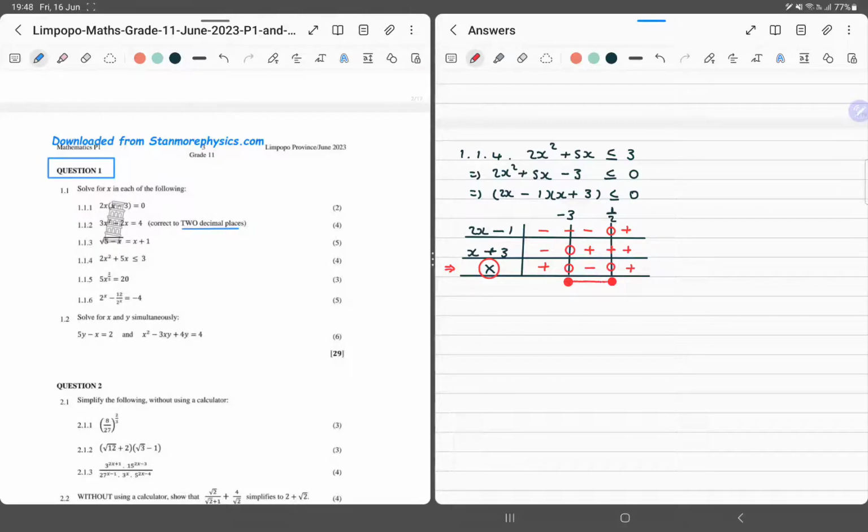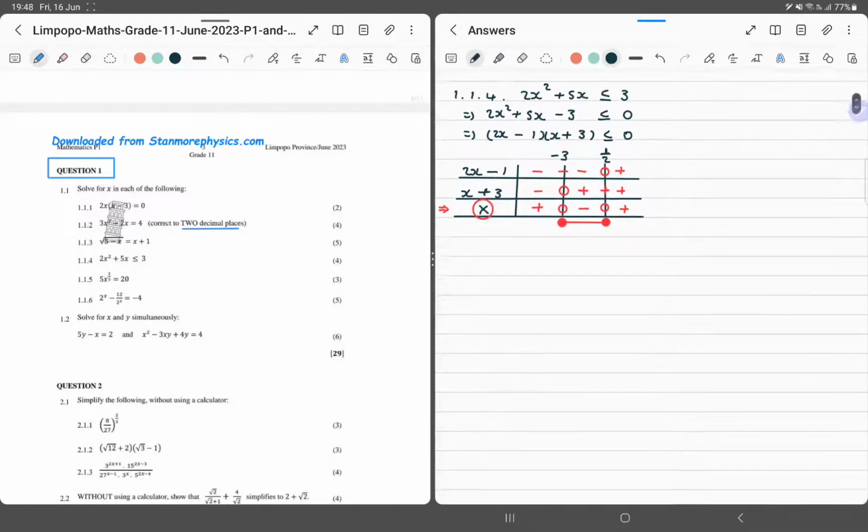So we connect them with a bar. That is our solutions. So we would say now, therefore, x must be greater than or equal to minus 3 and less than or equal to a half. So that's the solution. All right.